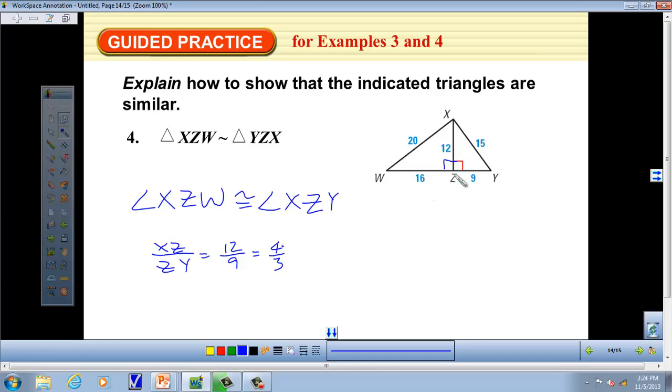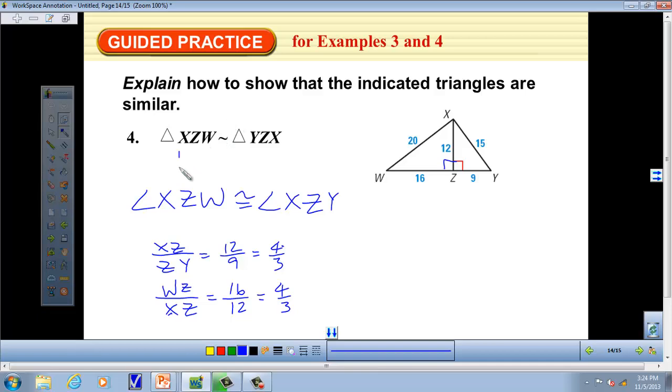And then the long leg on that triangle, which is WZ, matches up with the long leg here, which is XC. That gives us 16 to 12. And so we get 4 to 3 here.